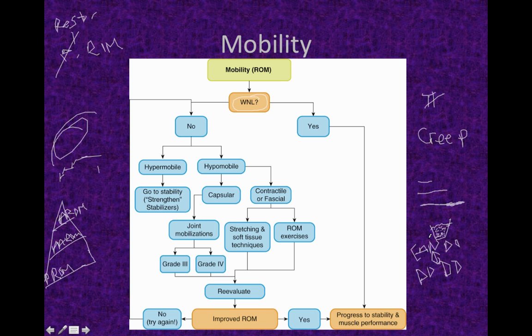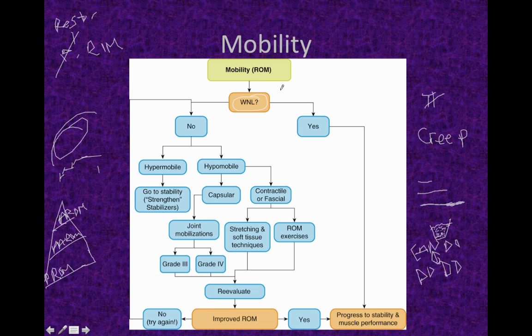So remember, flexibility is what the joint can actually do. Range of motion is what the joint does when the person is moving it on their own. If you have questions about the difference between range of motion and flexibility, be sure to bring that for our small group discussion on Tuesday.